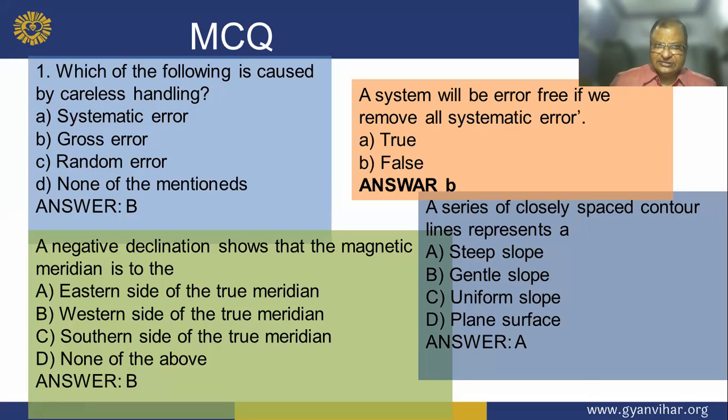Yes, the correct answer is gross error. Next, a negative declination shows the magnetic meridian on which side? Correct answer is B, western side of the true meridian. A measurement will be error free if we remove all systematic errors.